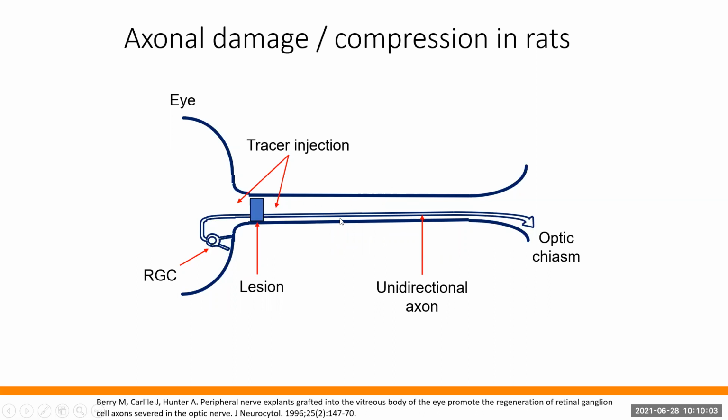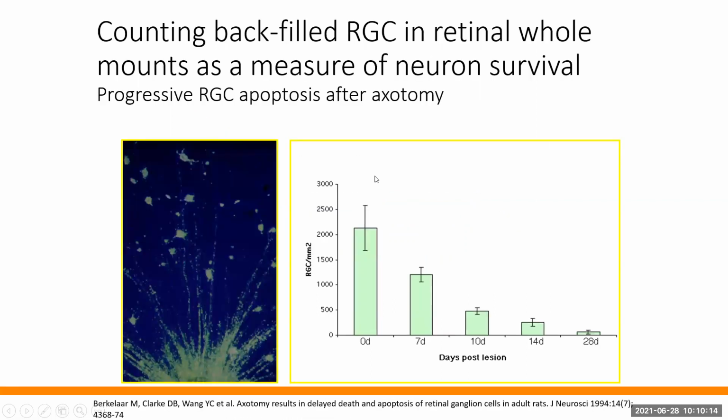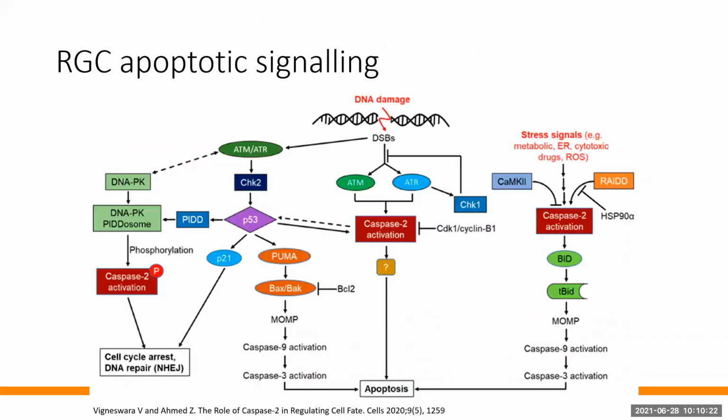And damage to the optic nerve, either when we crush it in rats or other animals, or in a clinical setting, damages those axons. After damage to those axons, you get progressive loss of retinal ganglion cells, which is complete by about 4 to 6 weeks. And there are a variety of different cell death pathways involved in causing that retinal ganglion cell death.